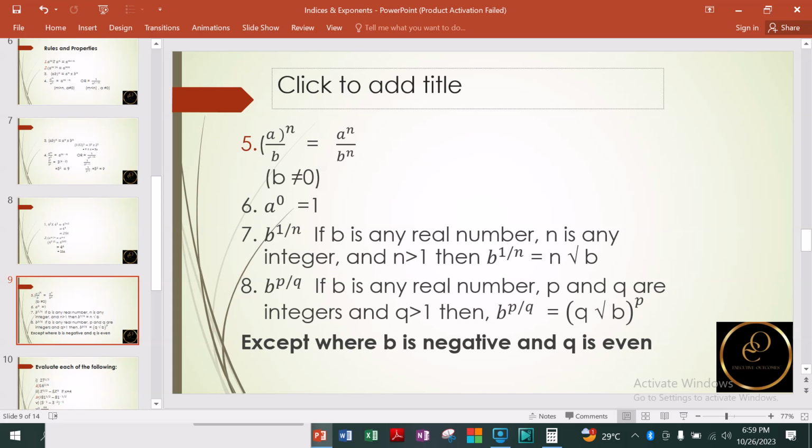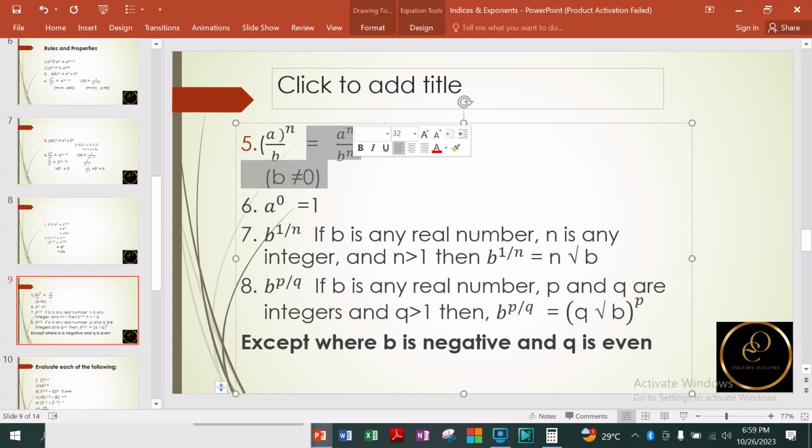So you end up having A raised to power n and then B raised to power n, provided B is not equal to 0. Because if B is equal to 0, then the denominator becomes undefined, and how many times can this 0 go into A raised to power n? It's not possible to determine, so it becomes undefined. So B should not be equal to 0. So that's how it is.